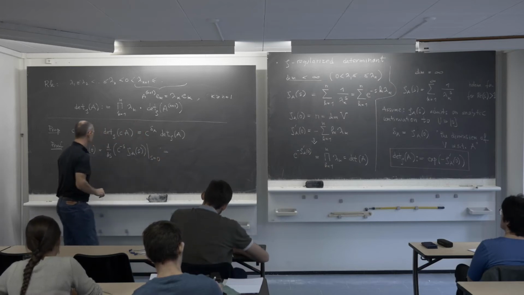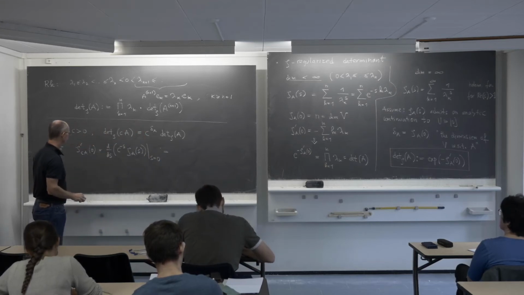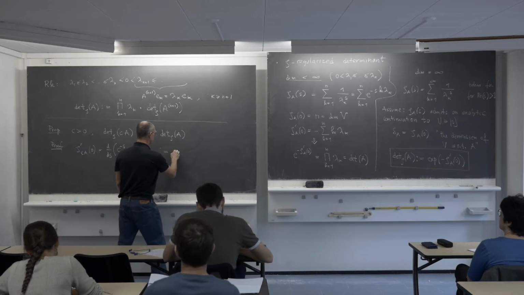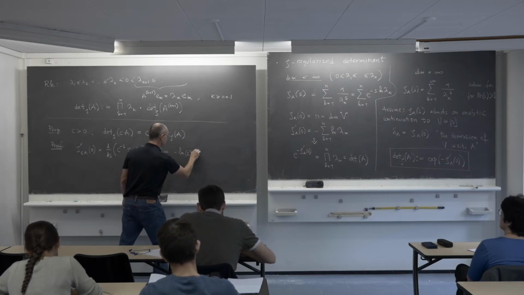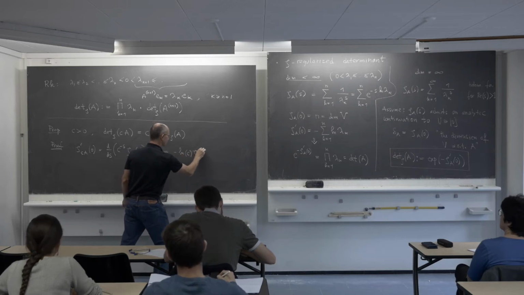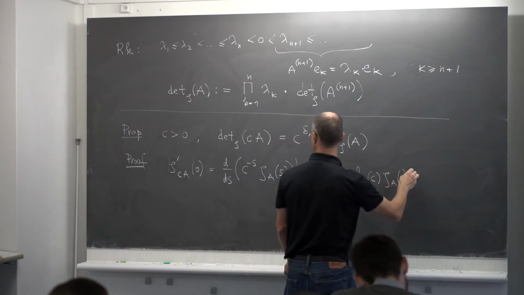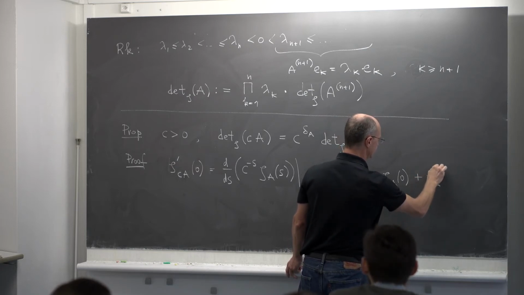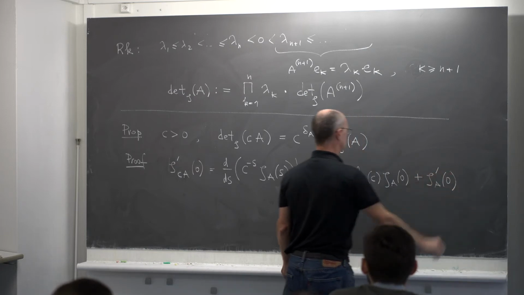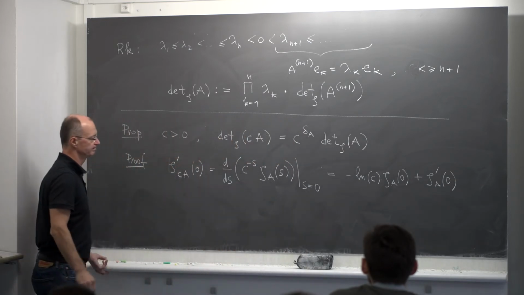So what does it give me? So this gives minus log of c times zeta A of 0 plus zeta A prime of 0, right?